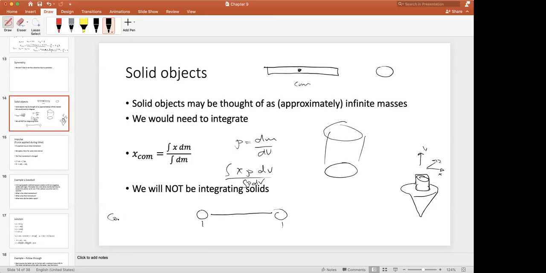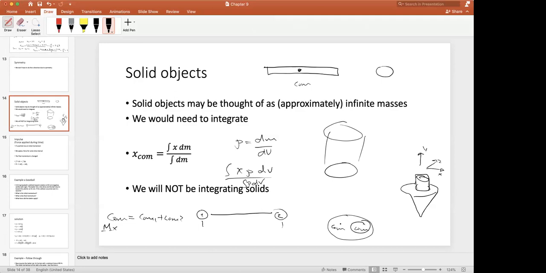And what we're saying is that the center of mass is equal to the center of mass of one plus the center of mass of two, where this is the sum of their masses times x, right? For one and two. That means if we had a disc and we took out a smaller part, well, we would know that the center of mass of this side and the center of mass of this side is equal to the total center of mass.